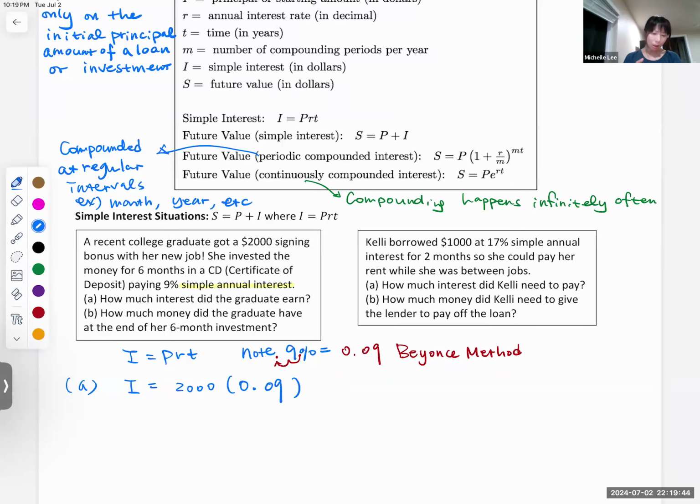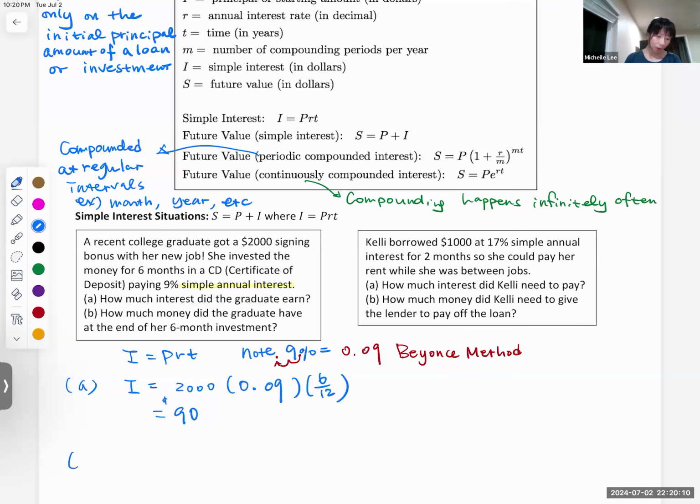Then T is 6 months, corresponding to 12 months, so 6 over 12. Now, if we calculate everything, we get 90. So it's dollars, right? So interest is $90.